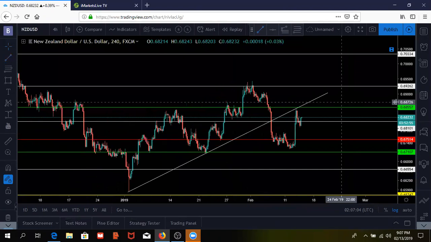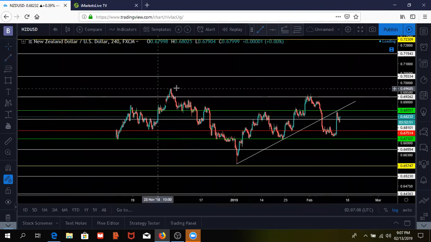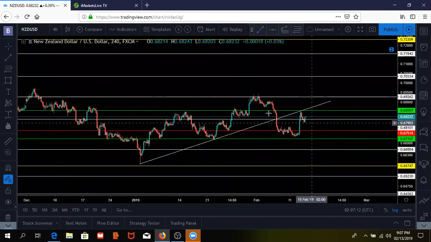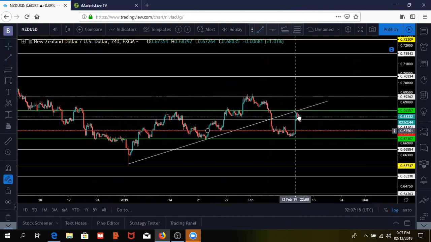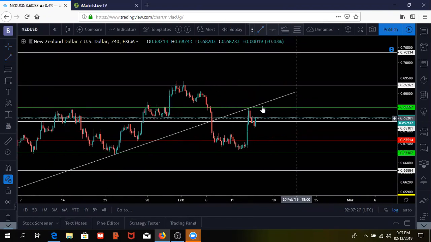I thought I had a diagonal trend line going over the top as well. I guess not. So you can see how price clearly broke that, came back up, retested the backside of that trend line. But yo, I could have sworn I had a diagonal trend line going across. I did.